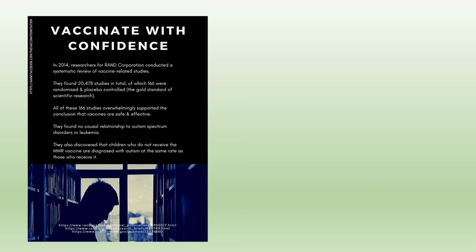Now, there is in the US something called VAERS, Vaccine Adverse Events Reporting System. If you get vaccinated and you have an adverse event, some kind of side effect, you can report it to VAERS. You can go online, fill out the form.